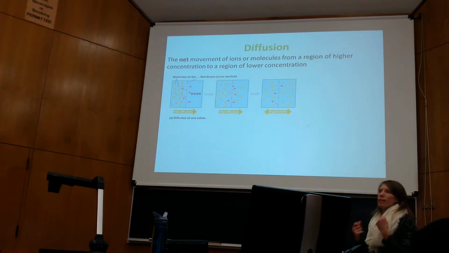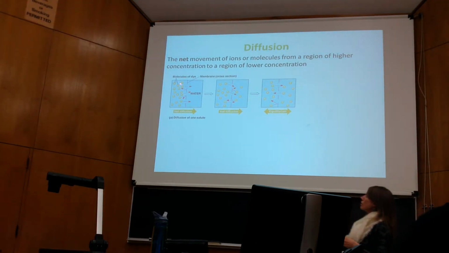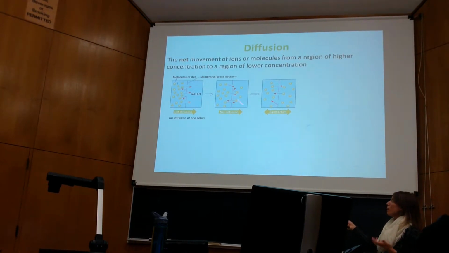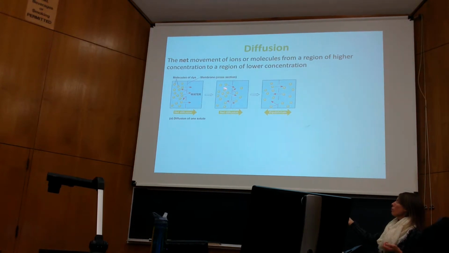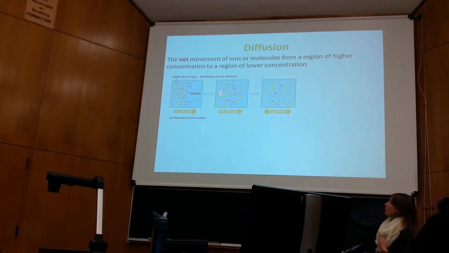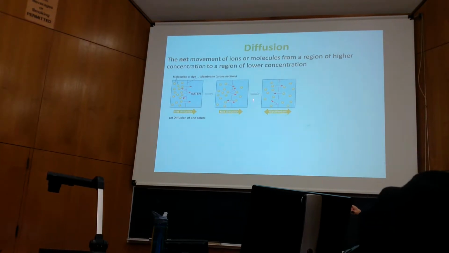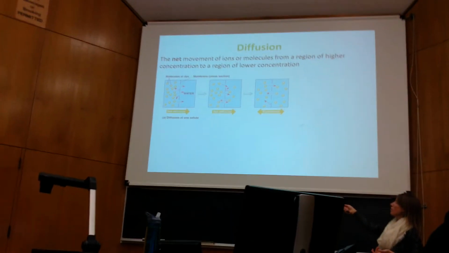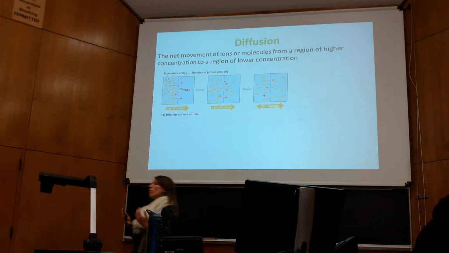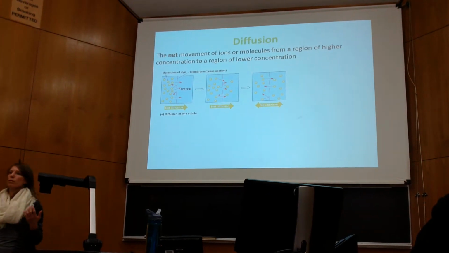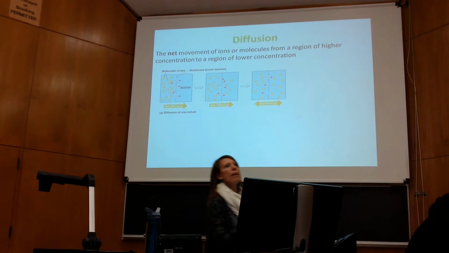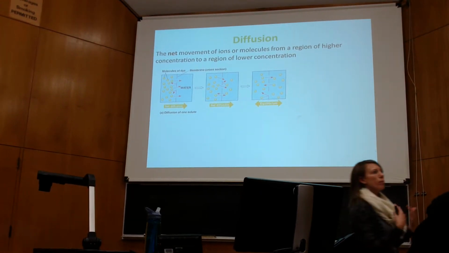As they move around, every once in a while, they will pass through this opening in the membrane. And sometimes they will pass back. But because there is a greater number of them on the left side here, more will move to the right than will come back to the left until they reach equilibrium. And you get equal concentrations. So you have equal amounts of the molecule moving through to the right as those moving through to the left. So there's no net movement at this point of equilibrium.